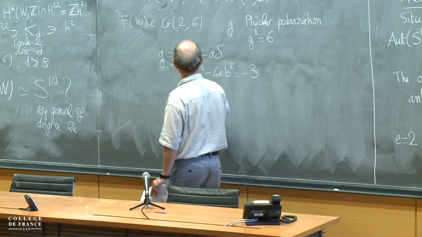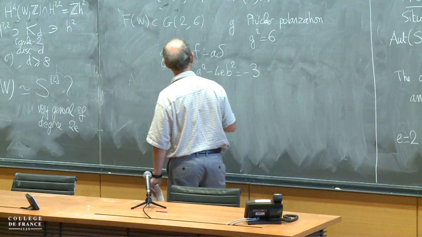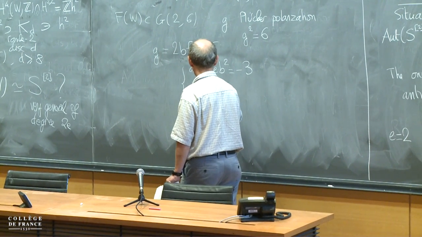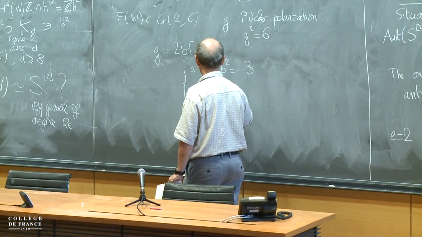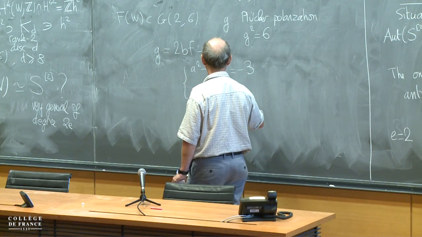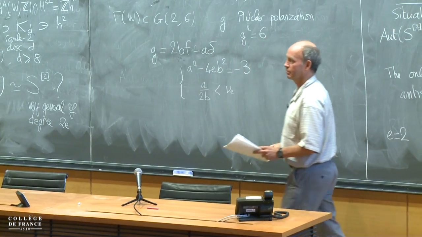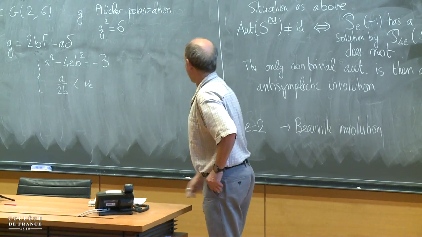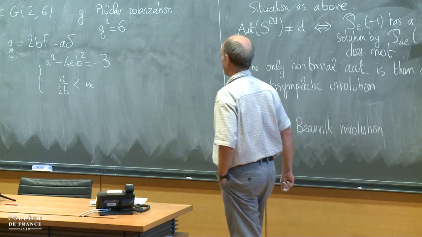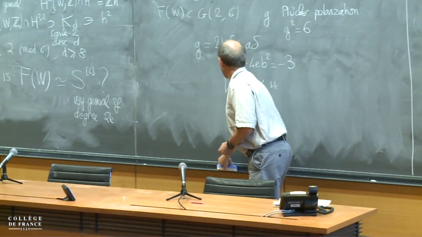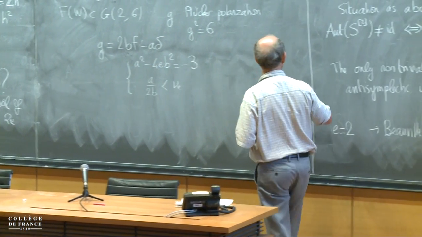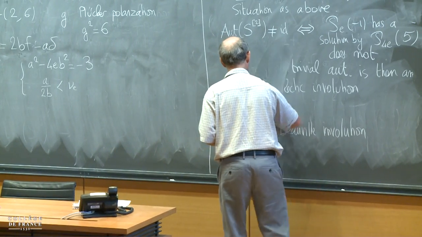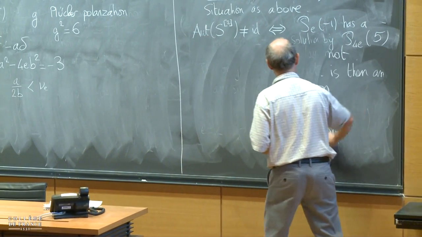But also you want g to be ample, so you want the slope here, A over 2B, to be smaller than nu E. So these are necessary conditions, and they turn out to be sufficient.